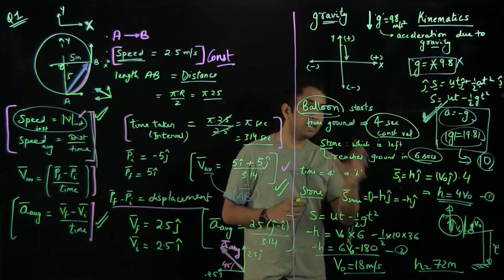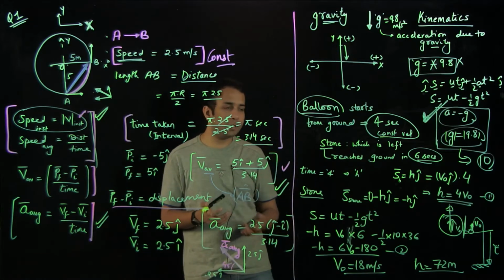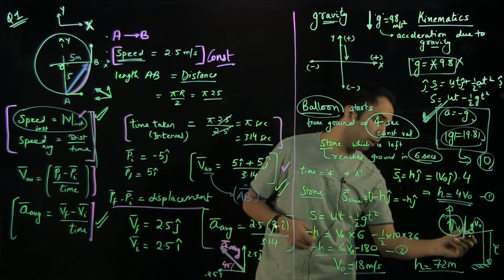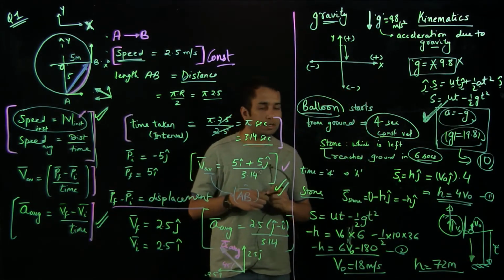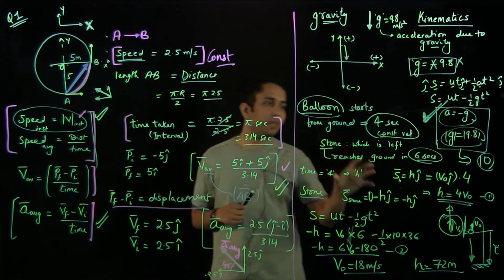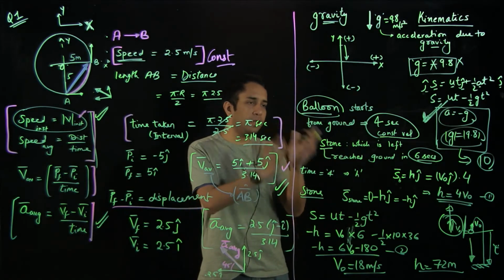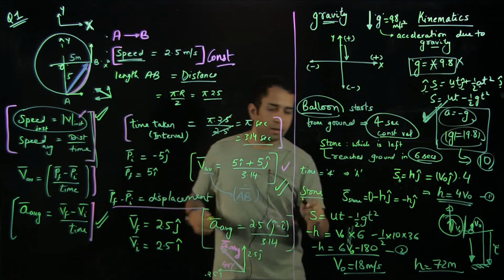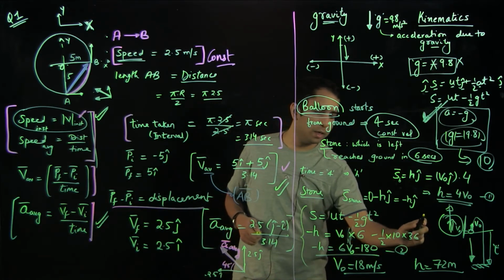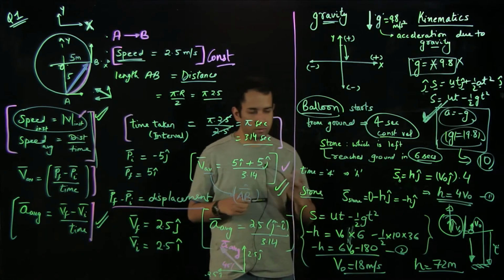The stone took 6 seconds from that initial position to come to the ground. So the net displacement of the stone was negative, because it was in the downward direction, and the displacement was equal to h, the same h which the balloon traveled in the initial 4 seconds. We can use the simple equations which we learned in the uniformly accelerated motion discussion.